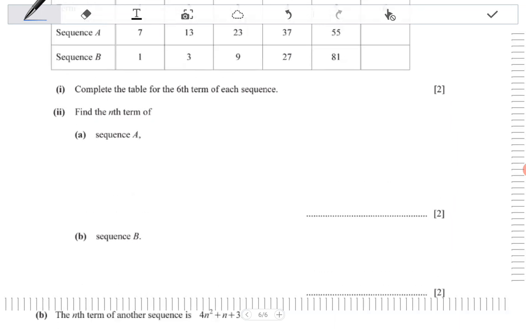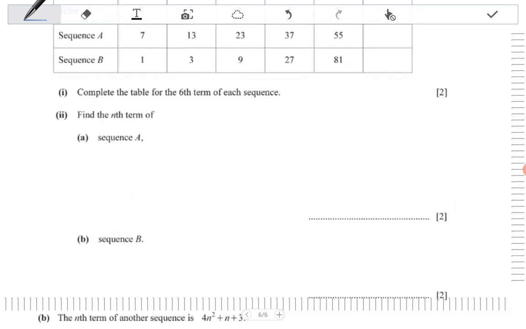First of all, you should see the numbers and take their differences. 7, 13, 23, 37 and 55. So what is their difference? Difference is plus 6.